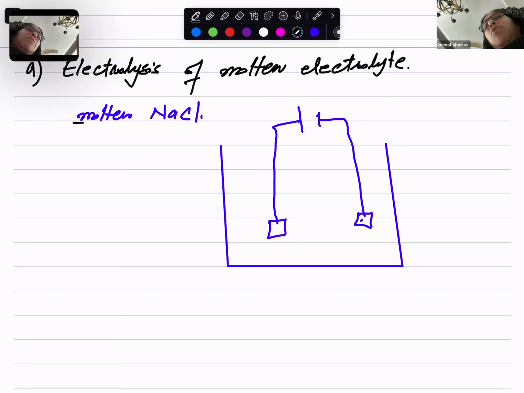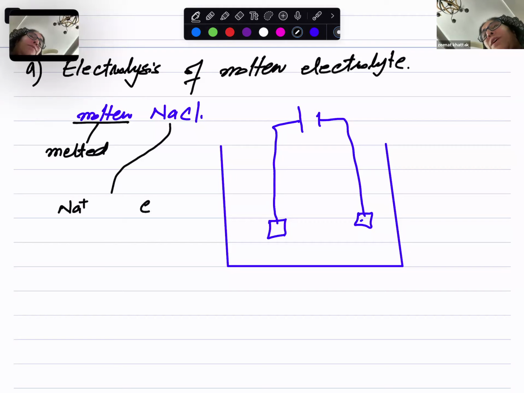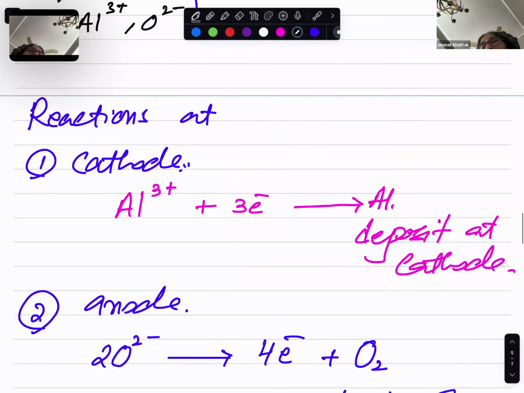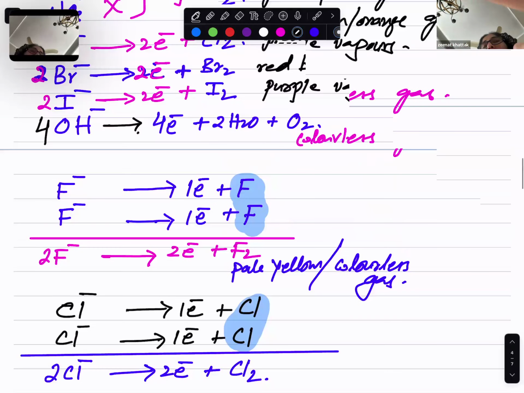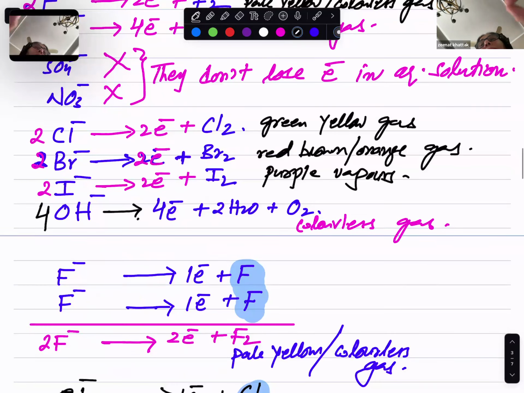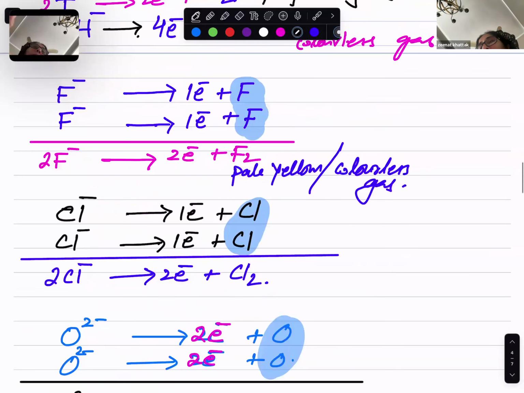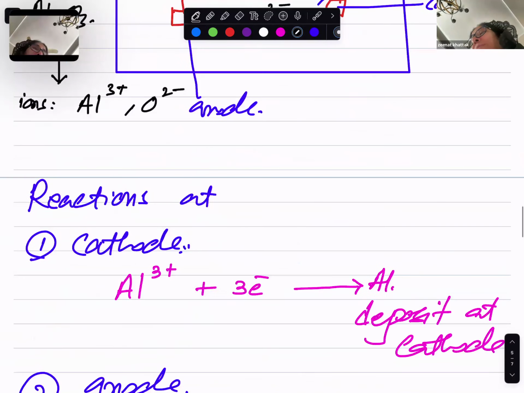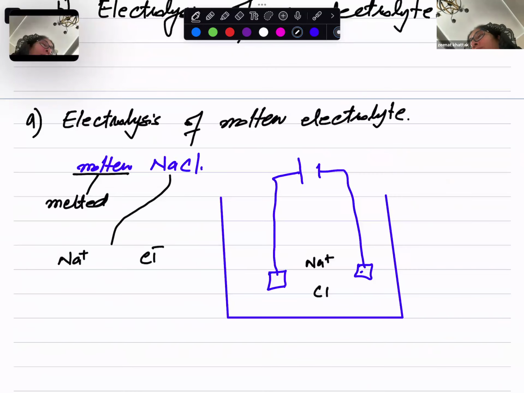If this is molten, molten means melted. There is just Na plus, and the other thing is chloride. And you can even find them in this electrochemical series. Mostly your cation and anion are from these two series. This is positive, this is negative.